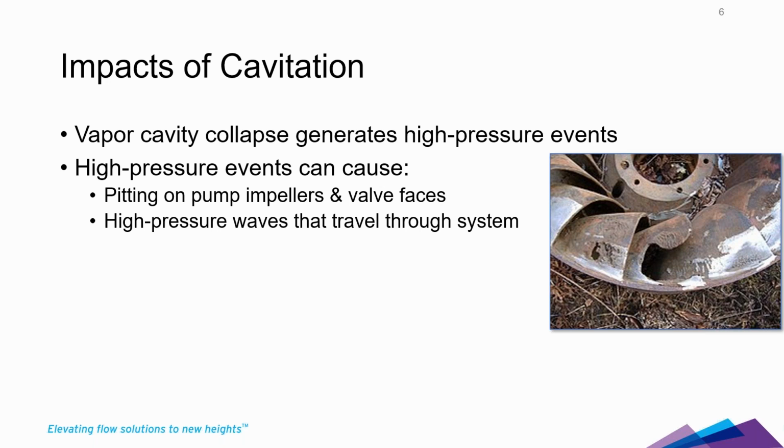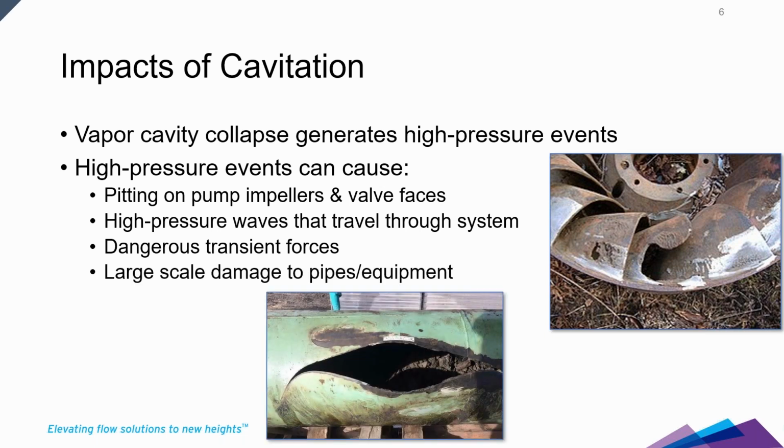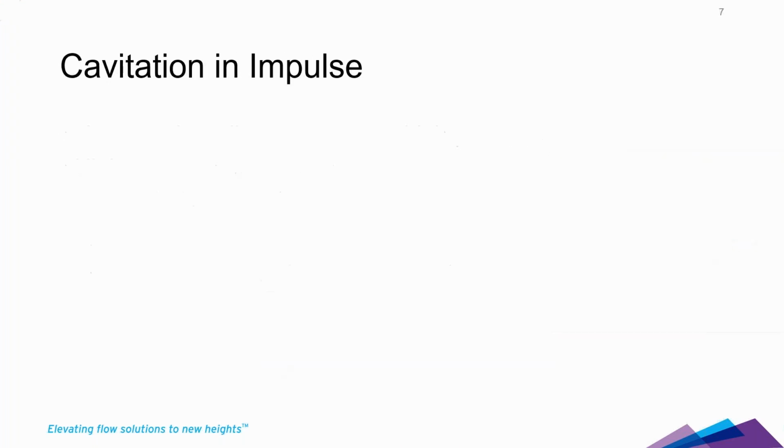Other situations, as your high pressure waves pass through the system, it can cause dangerous transient forces, and it can also destroy pipes and equipment. So definitely something that you want to avoid for sure.